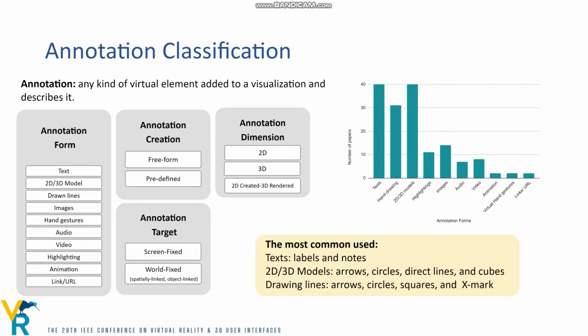The bar plot shows the distribution of papers based on their annotation form. As you can see, most of the systems use textual annotation, 3D models, hand drawing, highlighting, images, audio, and video. And here is what we use in our system: text, 2D models, drawn lines, images, audio, and video annotation.